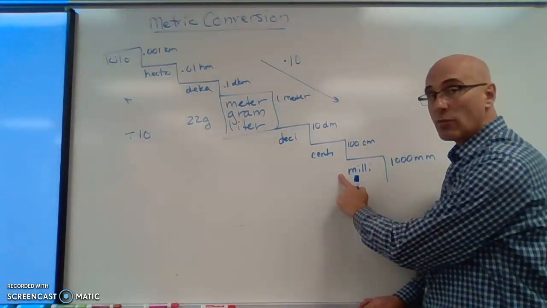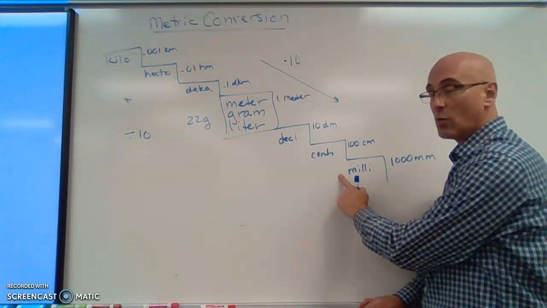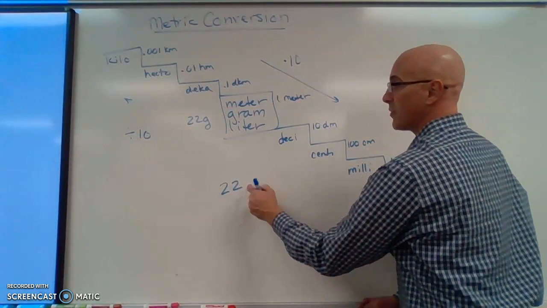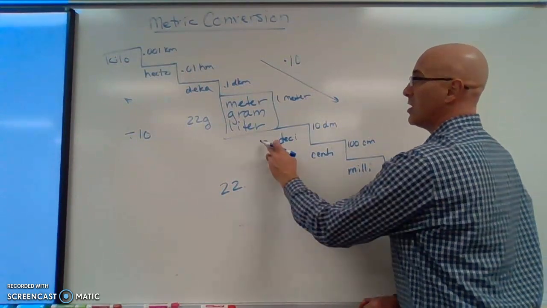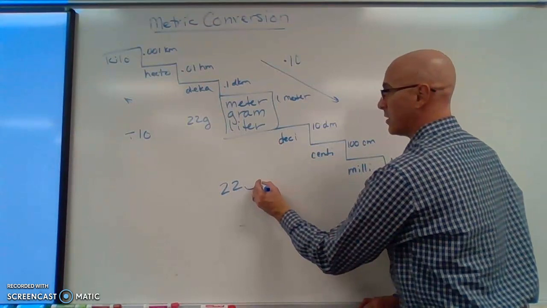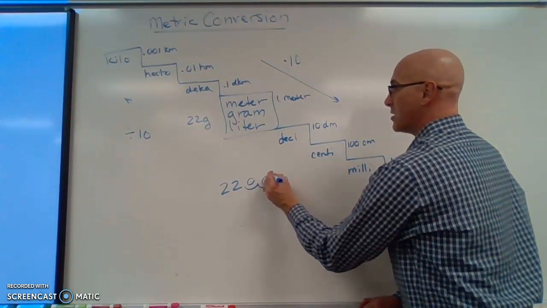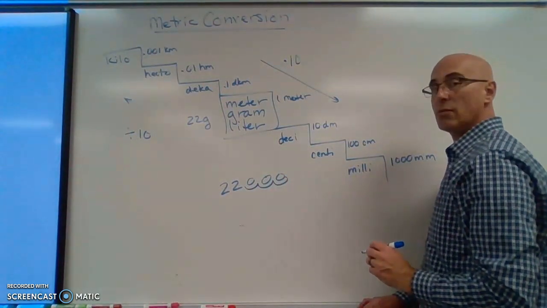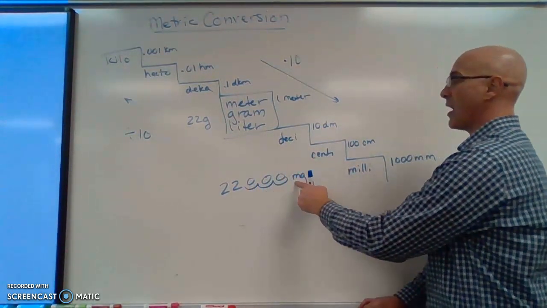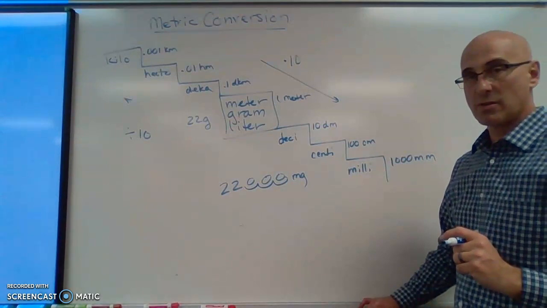Or I am moving my decimal point 3 places to the right. So I started with 22. Here's my decimal place. So I'm going 1, 2, 3 places. So I'm adding 3 zeros. So this is now 22,000 milligrams.